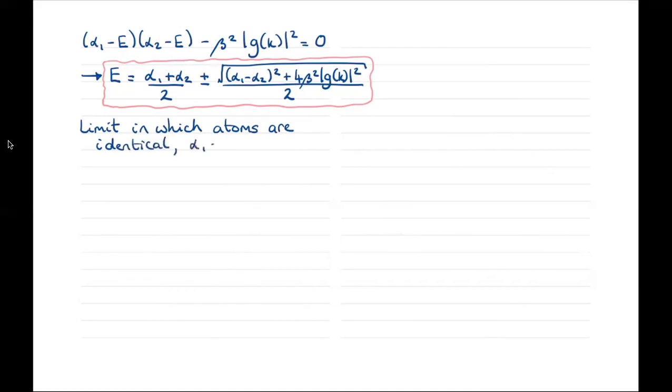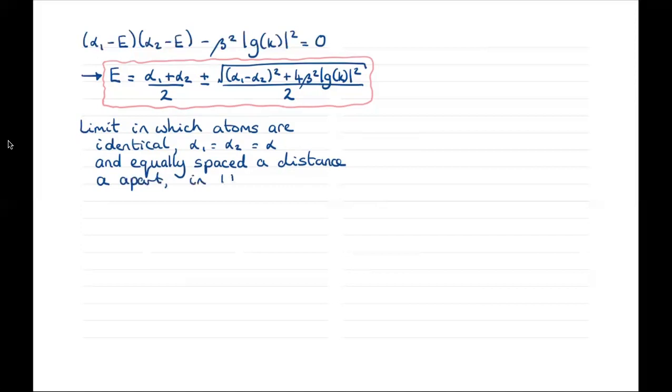So alpha 1 is equal to alpha 2 is equal to alpha, say, and equally spaced a distance a apart, say, and we'll look at the case of one dimension.